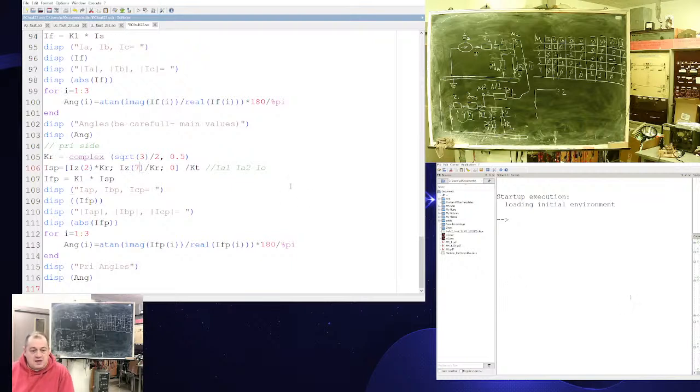What's going on here? When direct sequence current flows through the transformer from the star to delta connection, and the transformer has a connection group of 11, this current will rotate forward by 30 degrees.